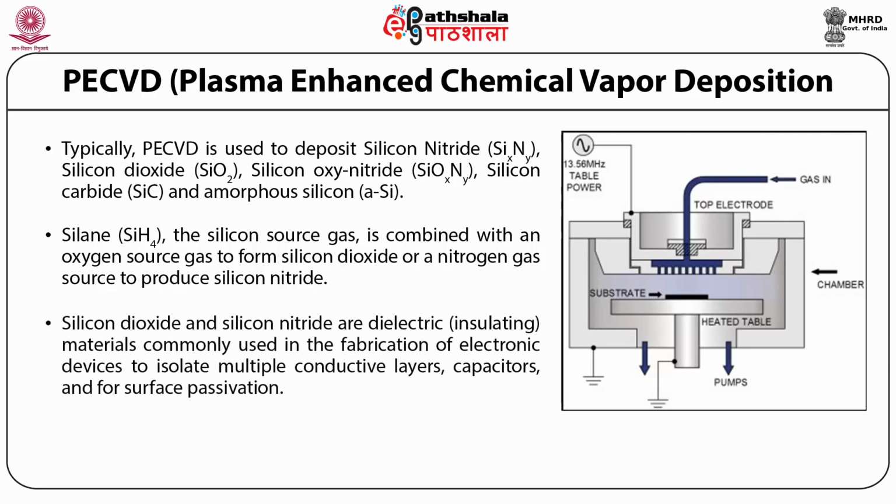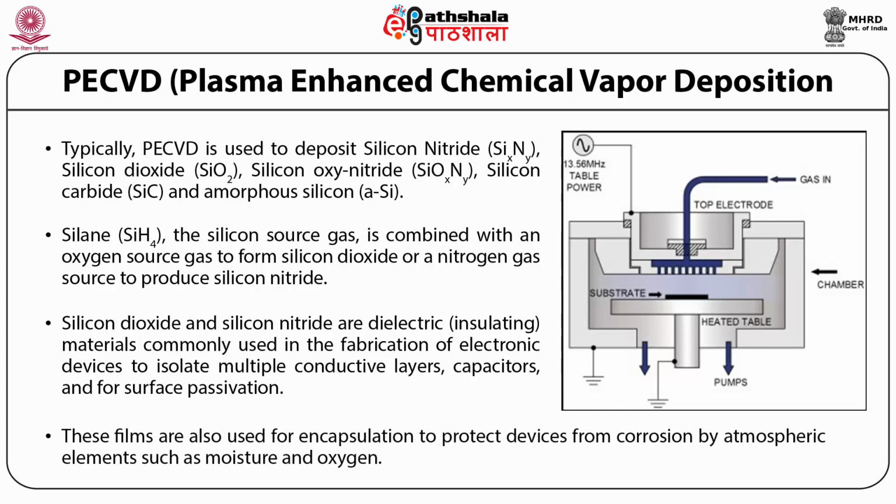Silicon dioxide and silicon nitride are dielectric or insulating materials commonly used in the fabrication of electronic devices to isolate multiple conductive layers, capacitors, and for surface passivation. These films are also used for encapsulation to protect devices from corrosion by atmospheric elements such as moisture and oxygen.